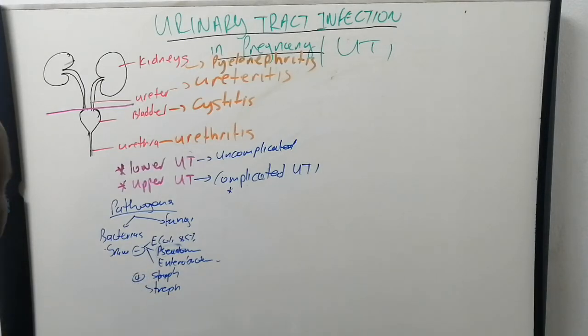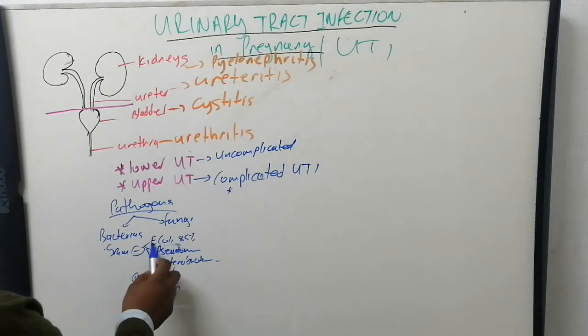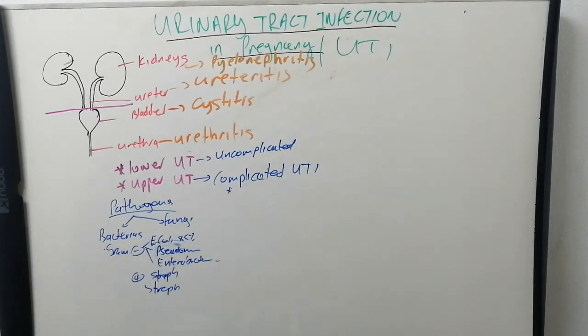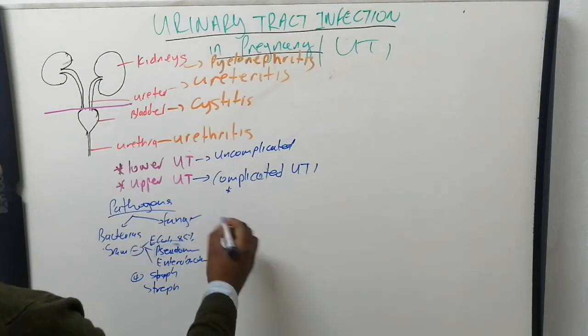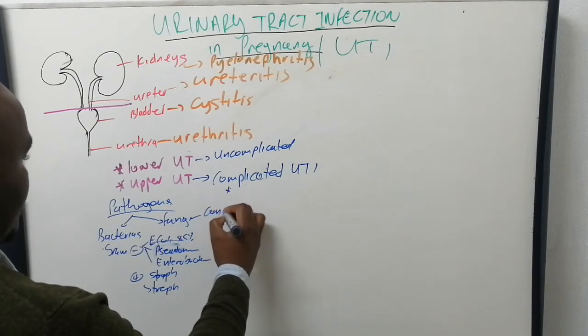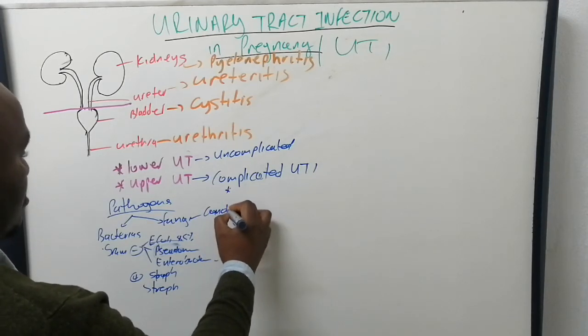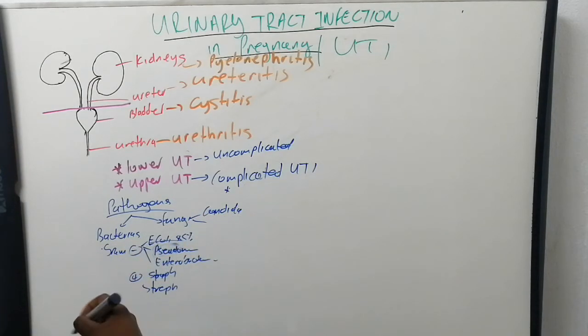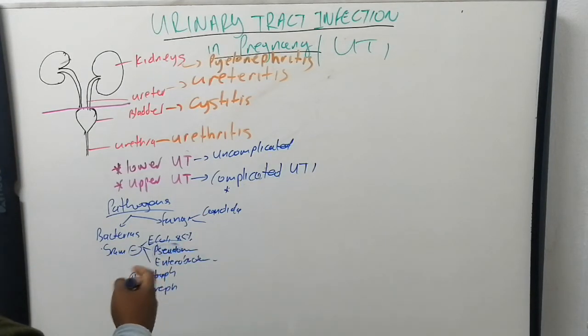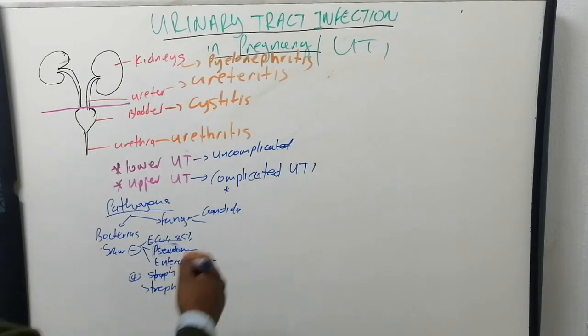So those are your bacteria and others as well. But 85% is E. coli, guys. E. coli. And then when it comes to the fungi, Candida is always the culprit: Candida albicans and Cryptococcus neoformans.